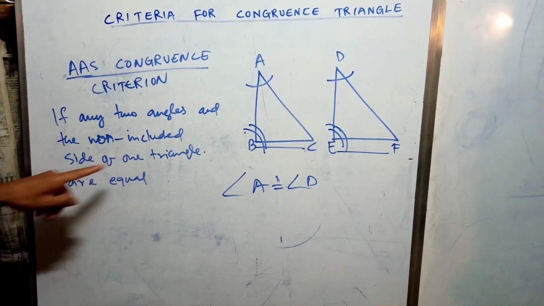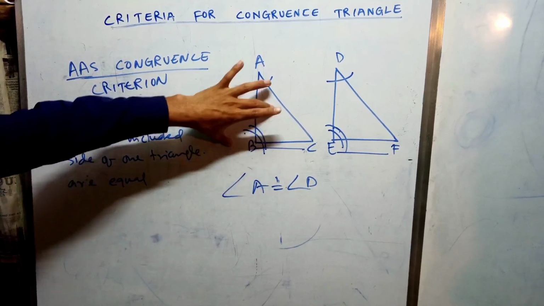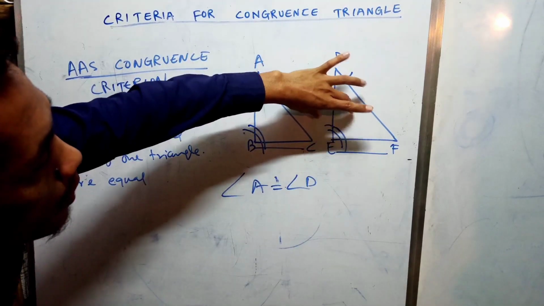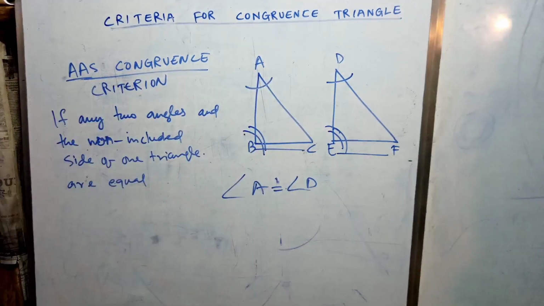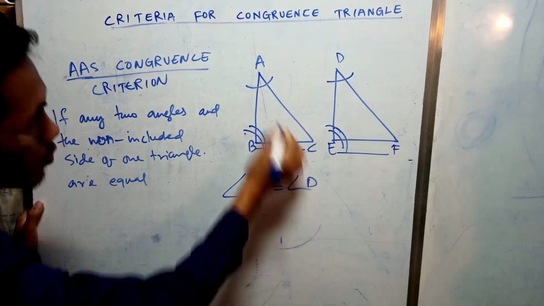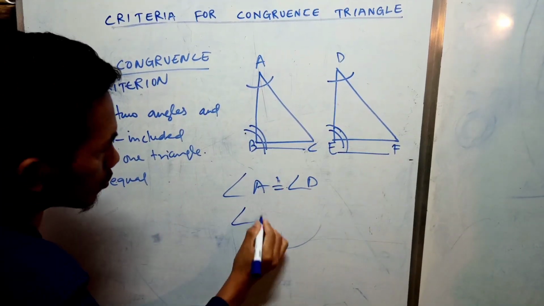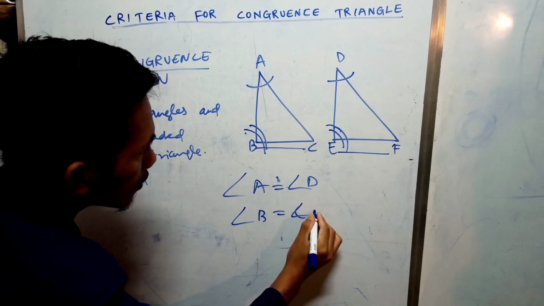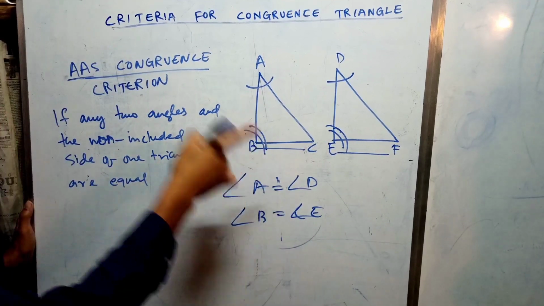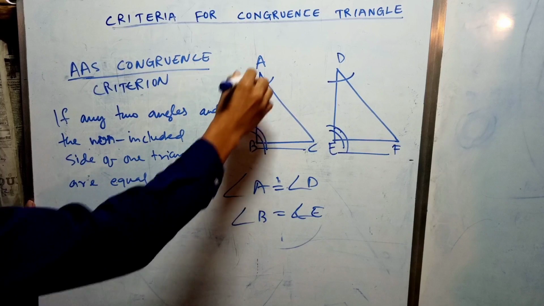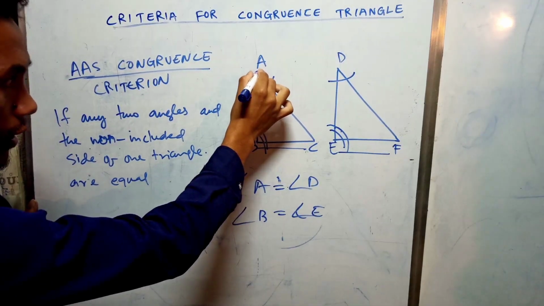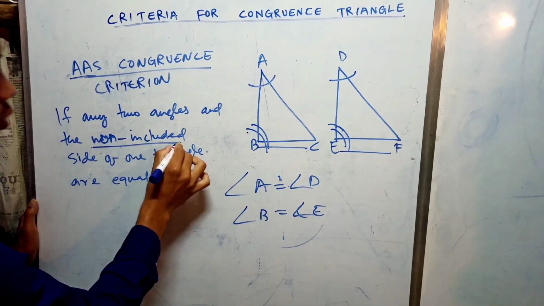The non-included sides of one triangle are equal to the corresponding sides of the other triangle. That means angle A is equal to angle D and angle B is equal to angle E, and the non-included side.